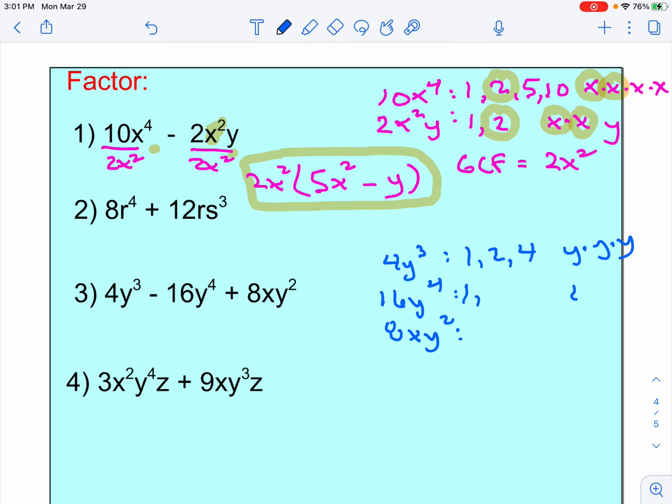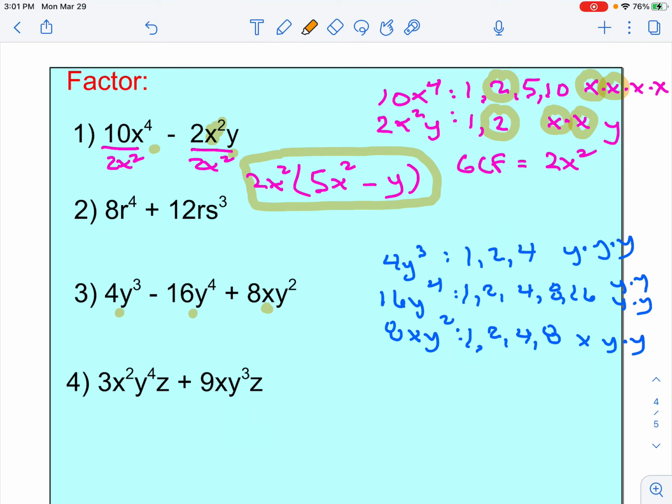Okay, for 16 I have 1 and 16, 2 and 8, and 4 times 4. And then I have 4 y's. So 1, 2, 3, 4. And last but not least, I have 1 and 8, 2 and 4, and I have an x, and I have 2 y's.